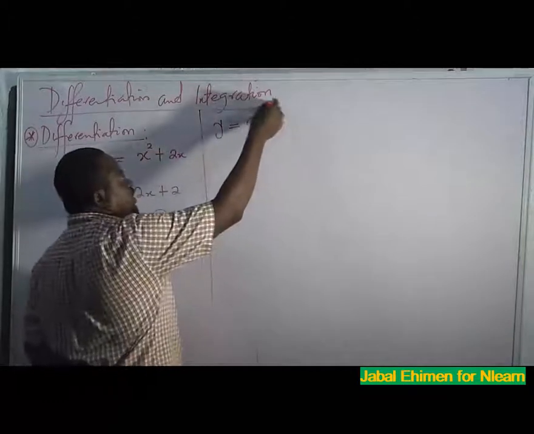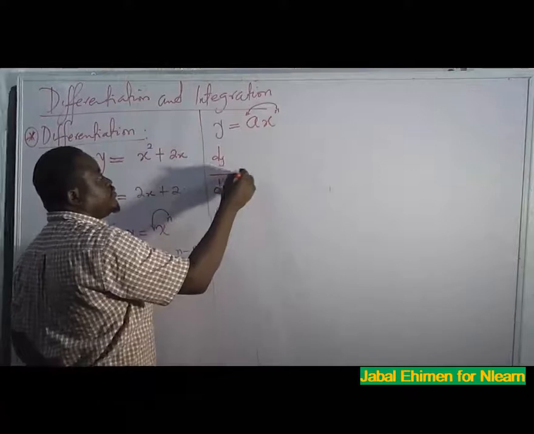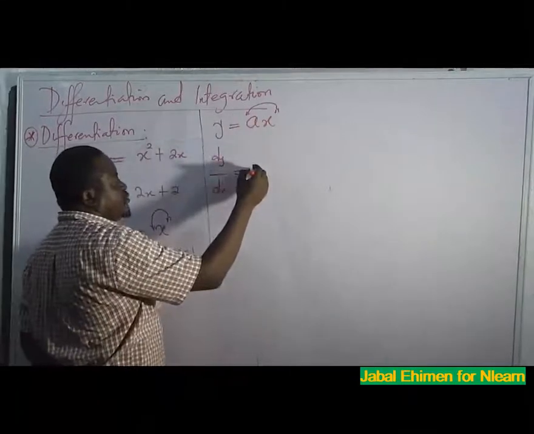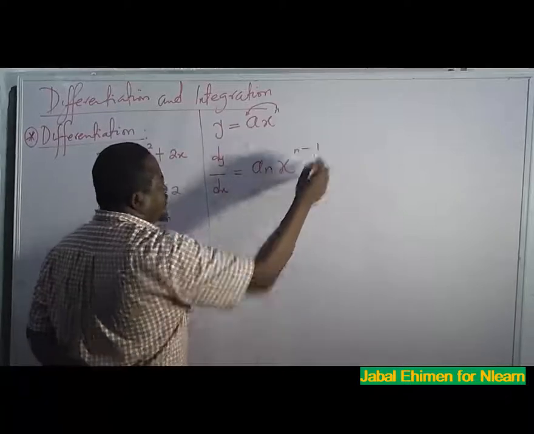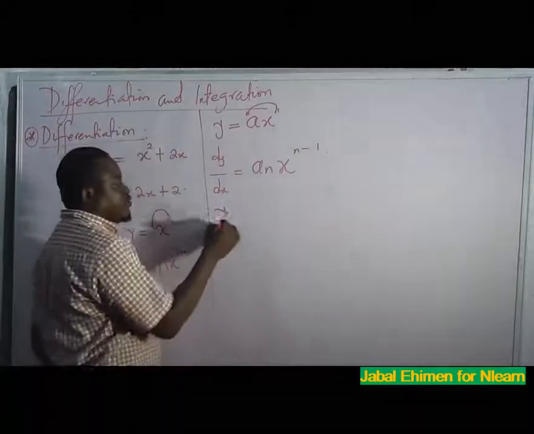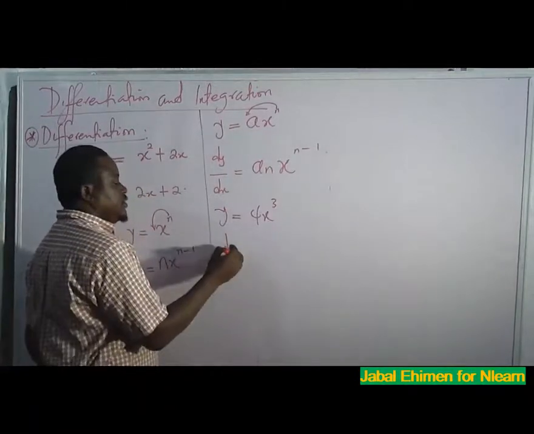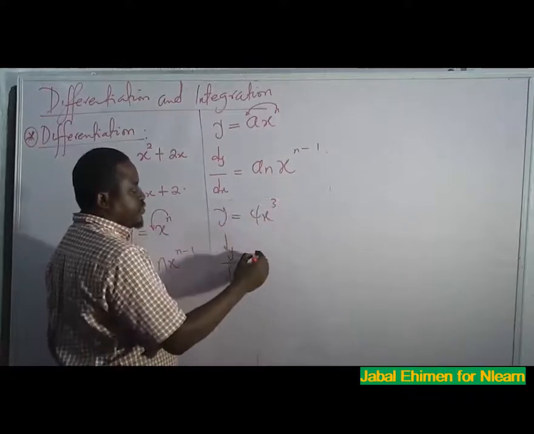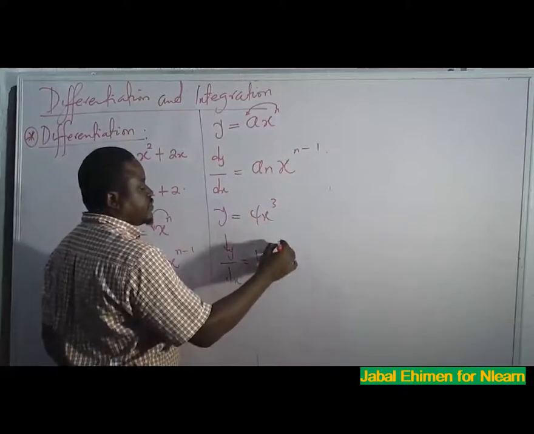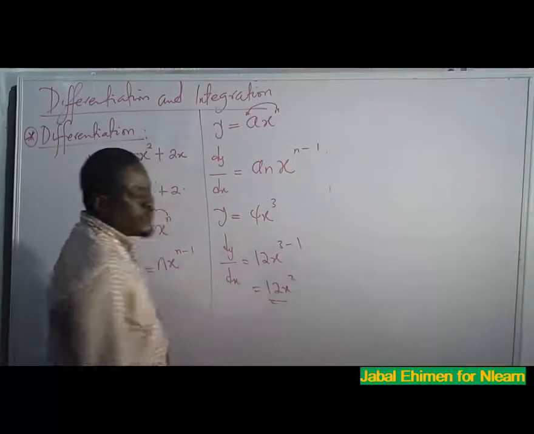So if you use the n to multiply that, dy over dx gives me n times a, becomes anx^(n-1). So if I have y equal to 4x raised to power 3, dy over dx will give me 3 times 4, that's 12x^(3-1). That becomes 12x squared. That's the value.